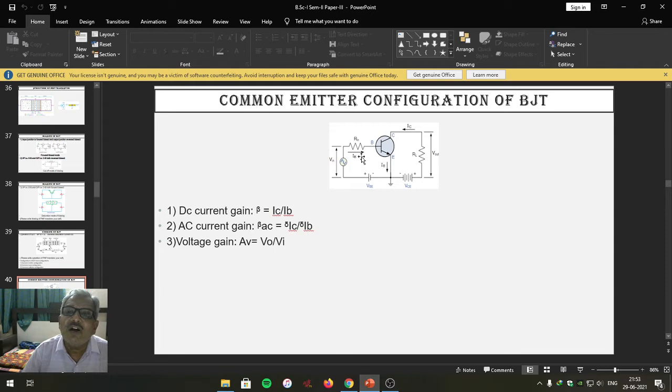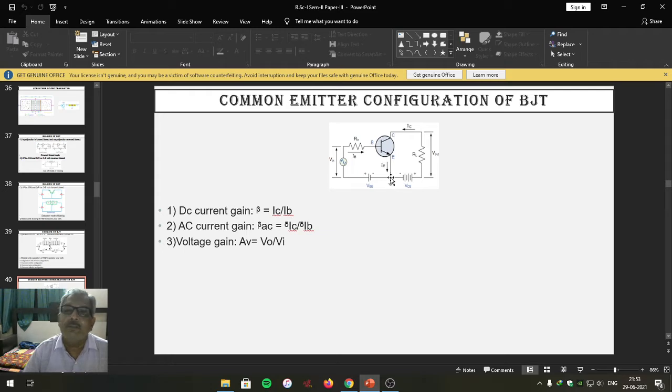It is also used to limit the current passing through the base of the BJT. Thus Vin, the input signal, is applied between base and emitter, whereas output is taken, that is Vout, between collector and emitter.